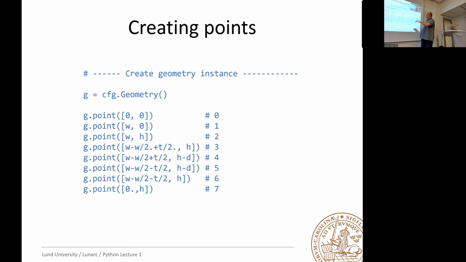And then we just continue like this to define our entire geometry. You can see here I use variables to define the coordinates. That means that we can easily change the geometry later on. We don't have to go into this definition here. We can just change the W, T, H and D outside.